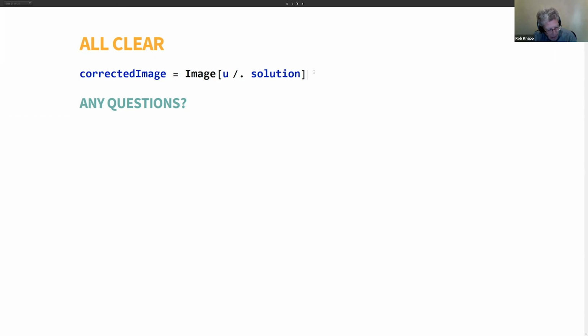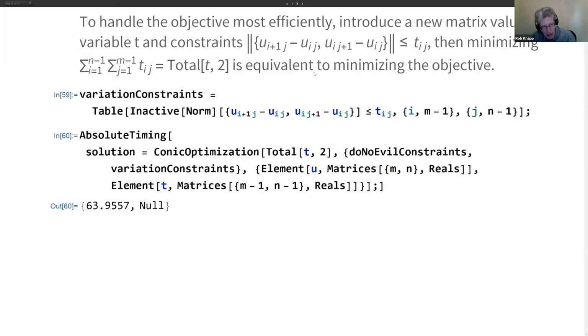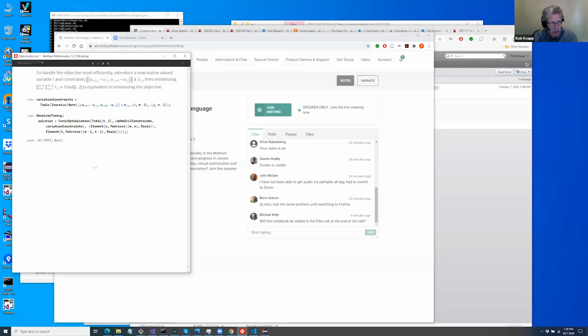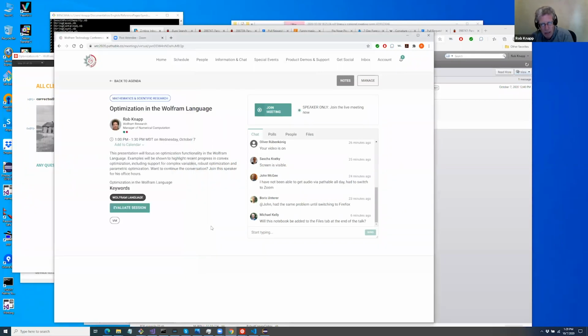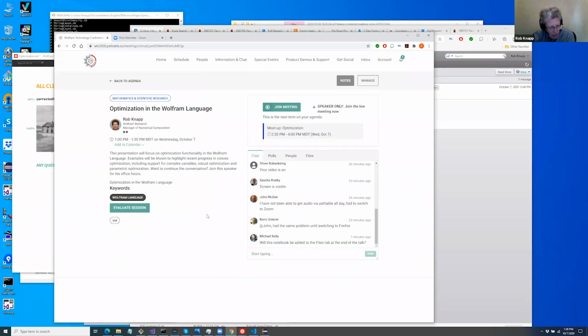But one question that was asked in the chat was, could we add a performance goal to NMinimize? And actually, I think that's a really good idea. So it finally did this, and if you see, we got a corrected image. So the answer to the question, can we add a performance goal to FindMinimum and NMinimize, is yes, we'll do that.